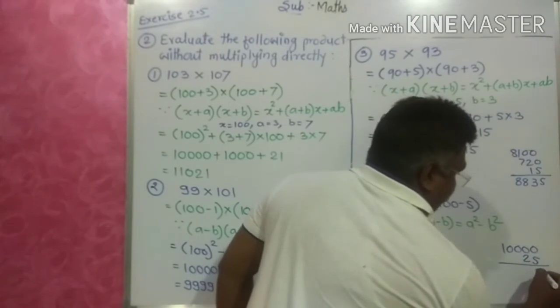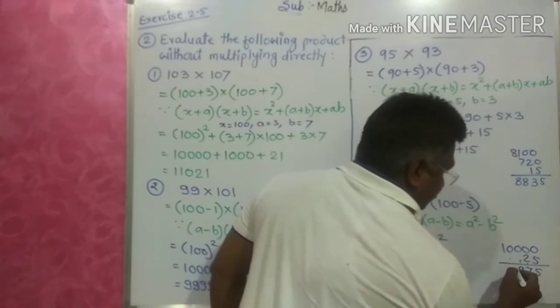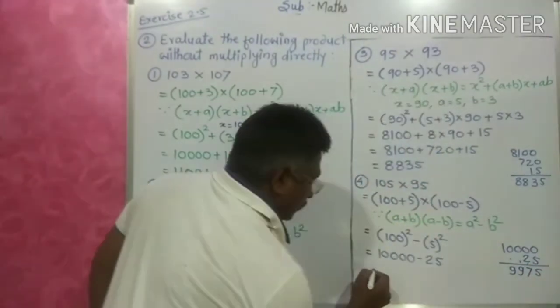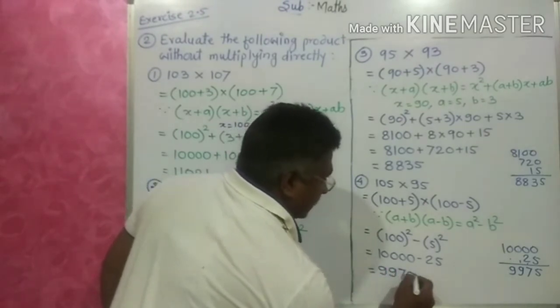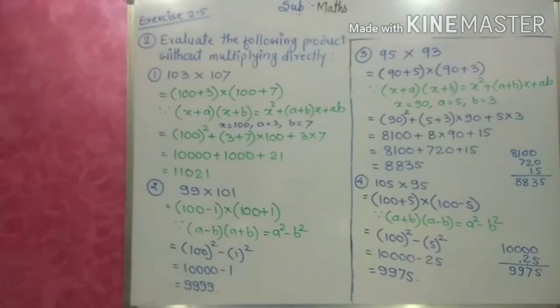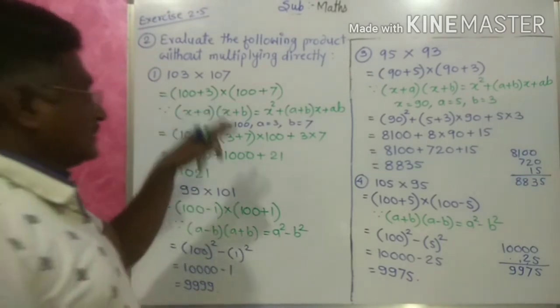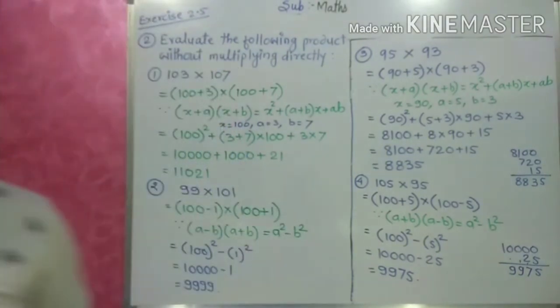So what will we get? 9,975. Okay students, how to solve, understood this? Hope you understand this. So we will go on to the next.